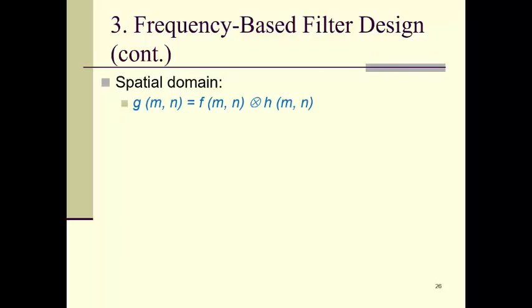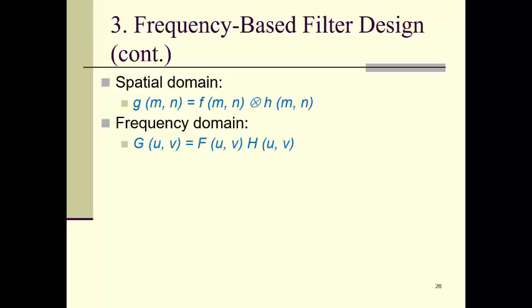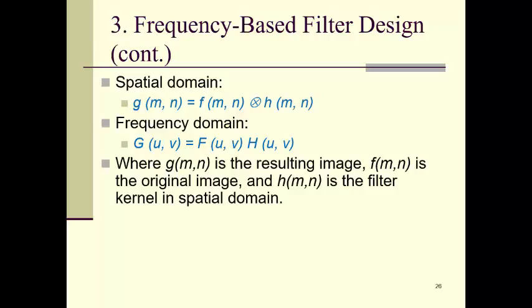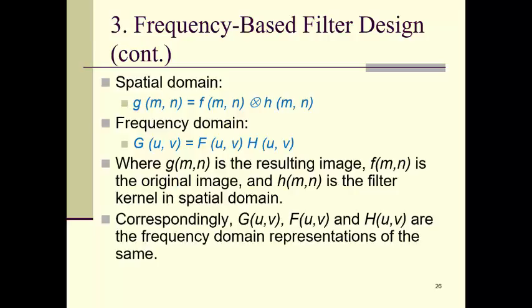So here it's showing us in the spatial domain, the image F is convolved with the kernel H to get the filtered image G. This corresponds in the frequency domain to applying the Fourier transform on both of them, and the resulting transformed values are just multiplied in order to have the filtered image. Then after that, I can make the inverse transform again.